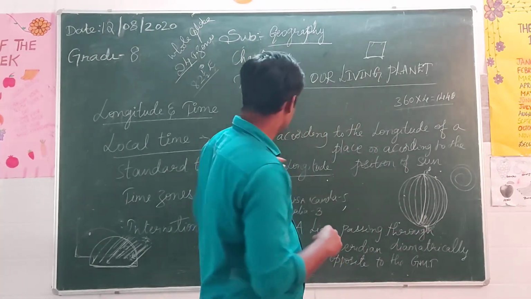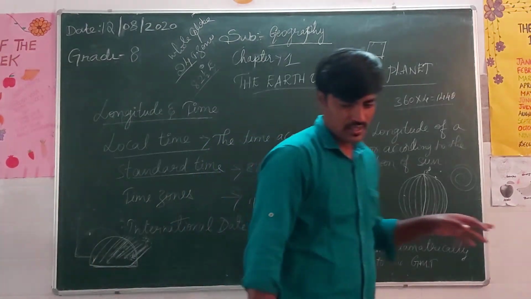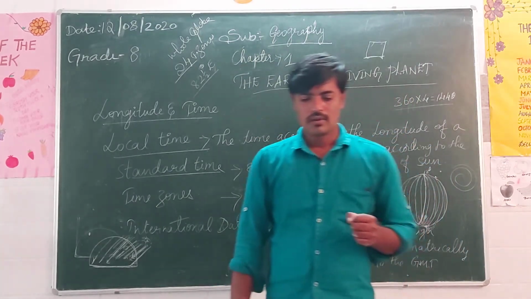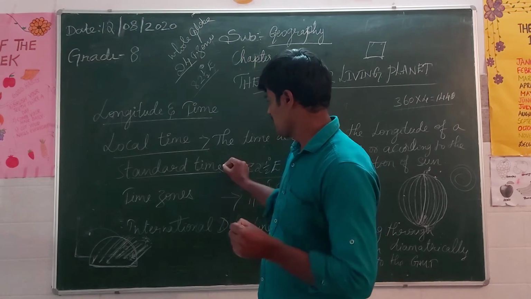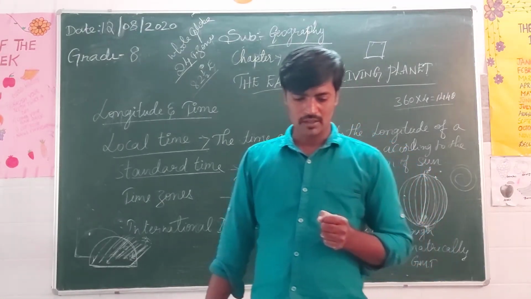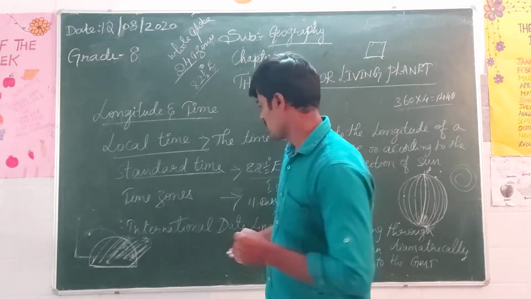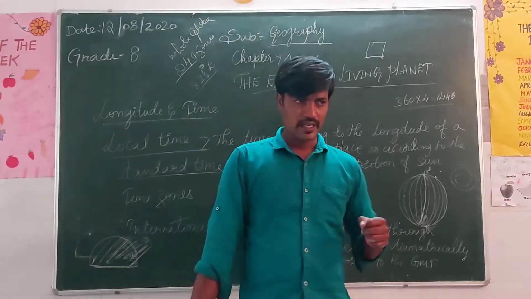Now let us discuss standard time. Already I told you 82.5 degrees longitude is considered as the standard time. Local time of course varies from one place to another, but standard time will be fixed for a particular country. Already I told you about the time difference between Bangalore and Delhi.